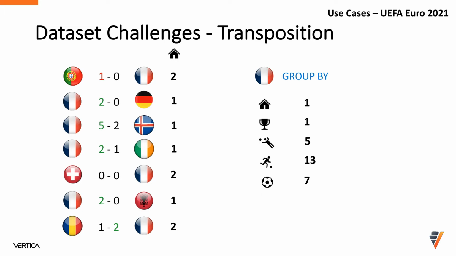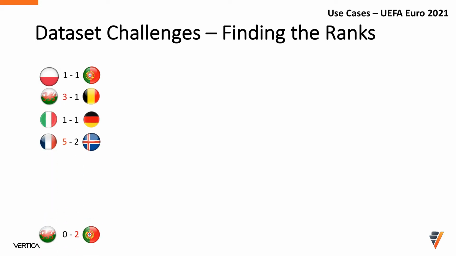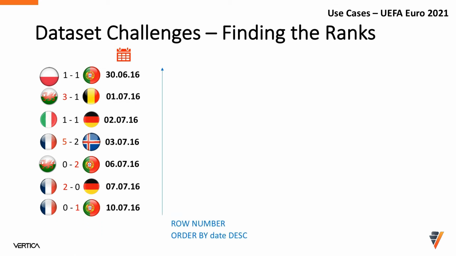Another challenge is to compute the different team competition ranks. Fortunately, there is a possible solution. We have to order the different competition games by date descending. We can then create an identifier. This identifier will be transformed knowing that the last game corresponds to the final.